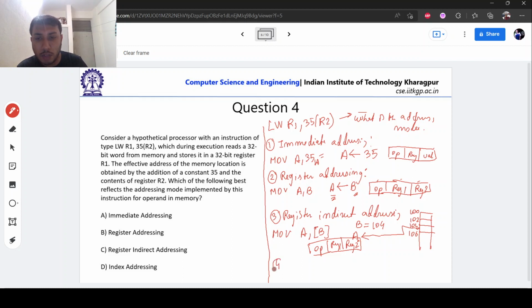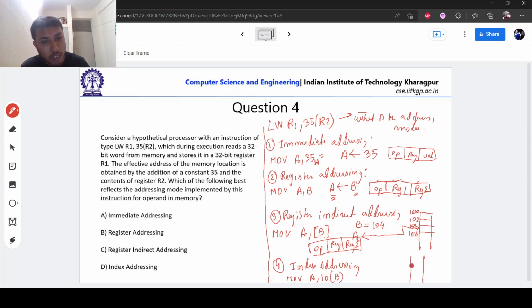Now let's look at the last one, index addressing. One index addressing example I will write here is, suppose, move A, 10(B). What happens here?